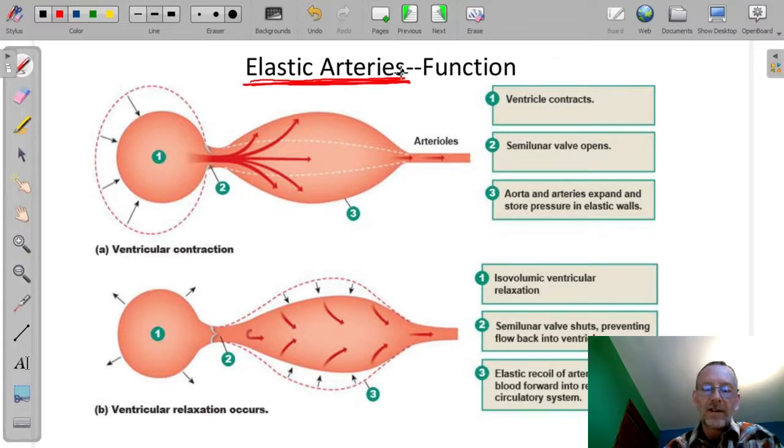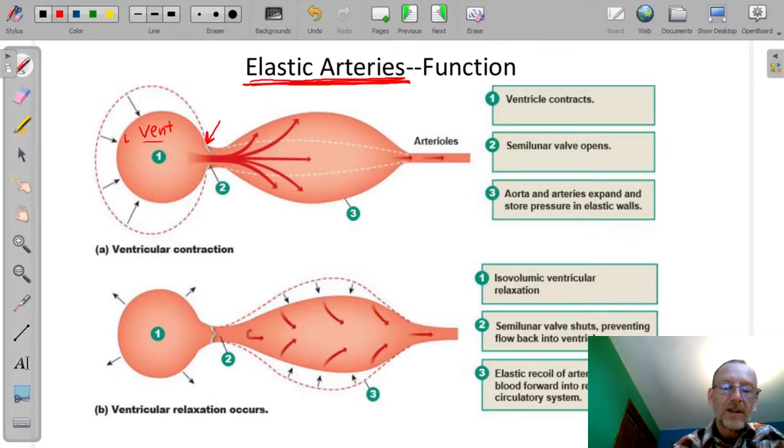The figure is kind of a neat diagram. The figure is showing the ventricles. This is the ventricle. There is a semilunar valve, either the aortic or the pulmonary valve, and this is the aorta, which it would be since we're leaving the ventricle.